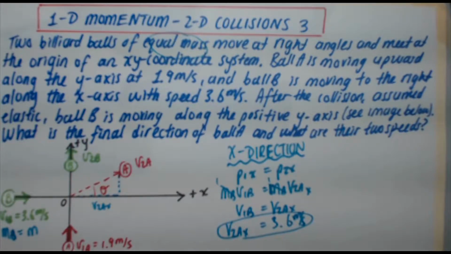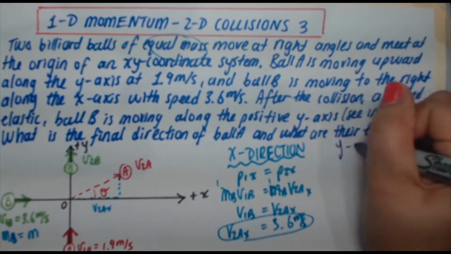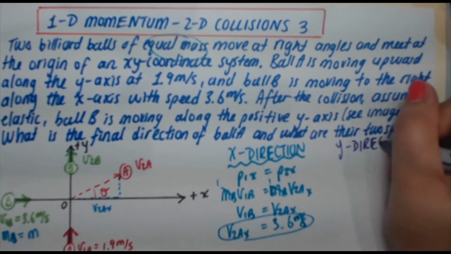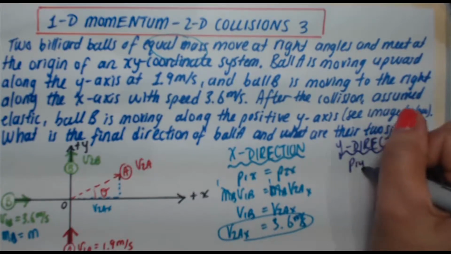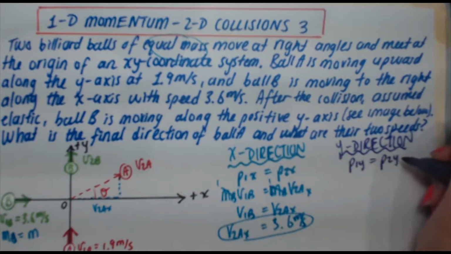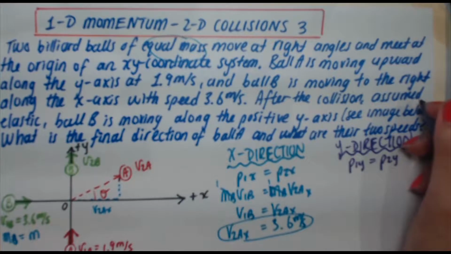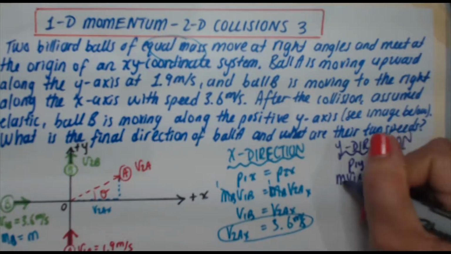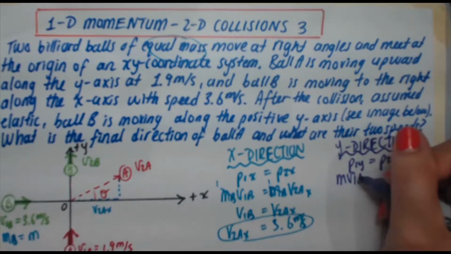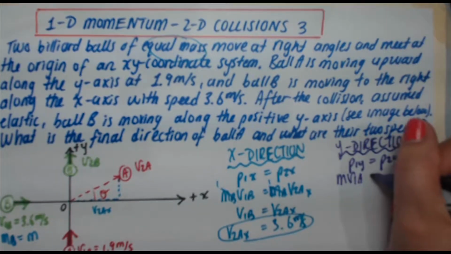Okay, so let's go ahead and jump into the y direction now, because that's always our next step. So in the y direction, we do p1y equals p2y. Initially in the y direction, only A is moving in the y, so we're going to do m v1A. Notice I didn't put mA because I recalled both of them have mass m.